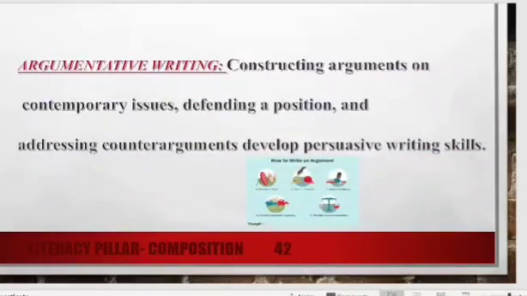Argumentative writing: constructing arguments on a contemporary situation, defining a position, and addressing counterarguments develop persuasive writing skills.